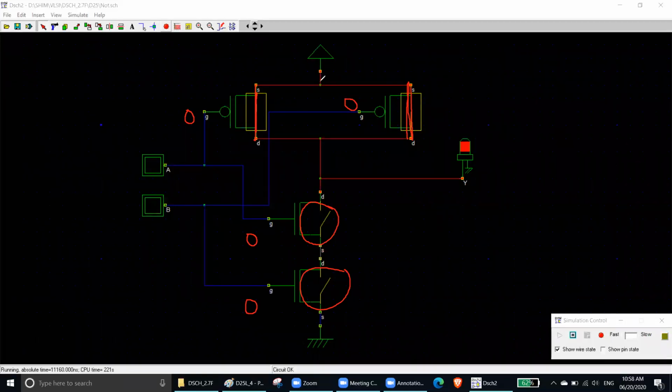After that, it has two ways to go. One way will be this one, another way will be this one.